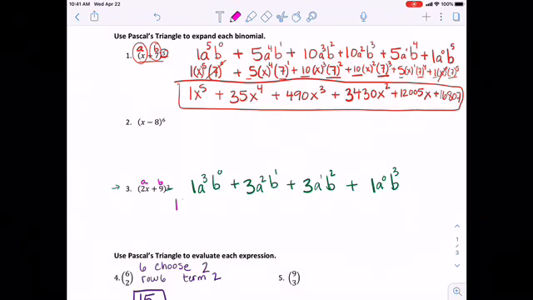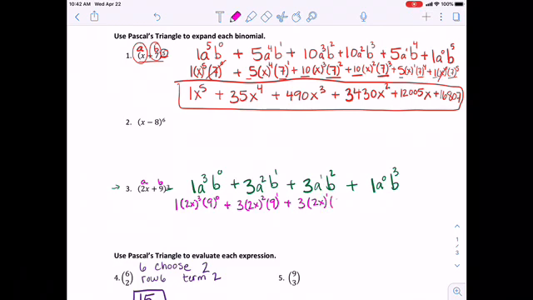So I have 1 times A, which is 2x, to the third power, times B, which is 9, to the 0 power, plus 3 times A, which is 2x, to the second power, B, which is 9, to the first power, plus 3 times A, which is 2x, to the first power, times B, which is 9, to the second power, plus 1 times A, which is 2x, to the 0 power, times B, which is 9, to the third power.